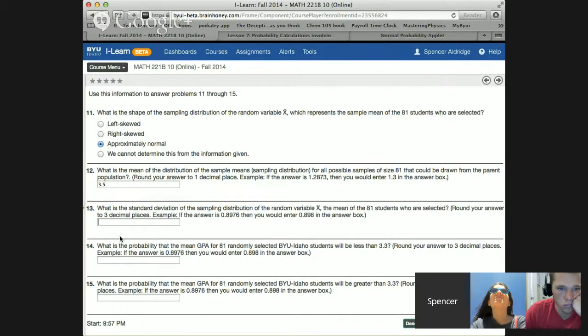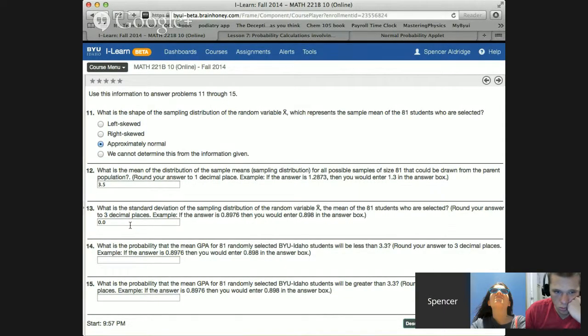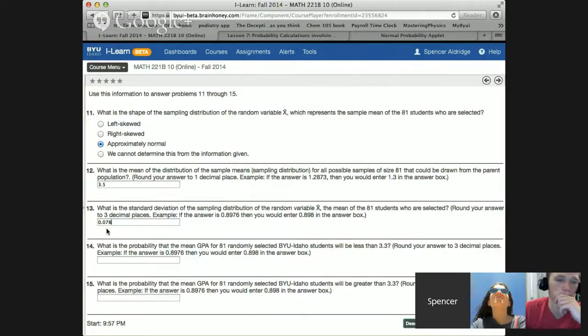So then it should be 0.0, and then it wants 3 decimal points? Yeah. So 0.077, or 78, sorry. 0.078? Yeah.